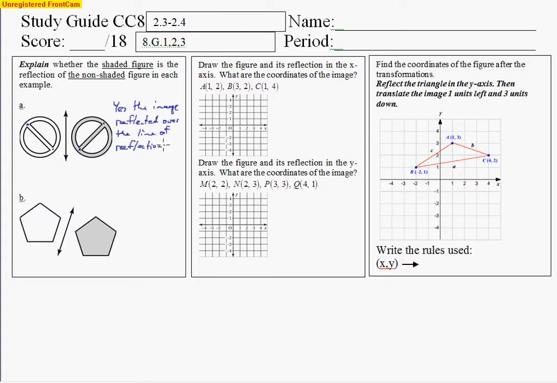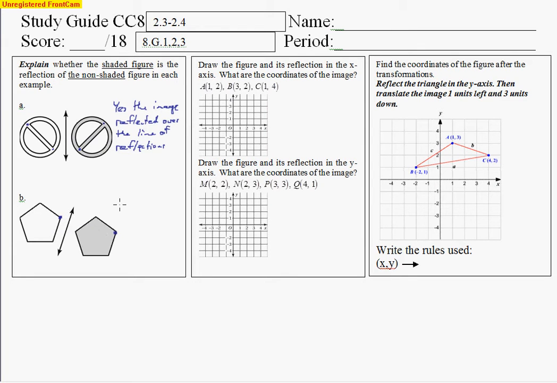So let's take a look at the next one, and we see that this image, we have the line of reflection going in an angle, and that's okay. But again, you're looking for corresponding points. And so I see this point right here kind of corresponds to a point that's way over here. And you see how this point is very close to that line of reflection, where this other point is much further from that line of reflection.